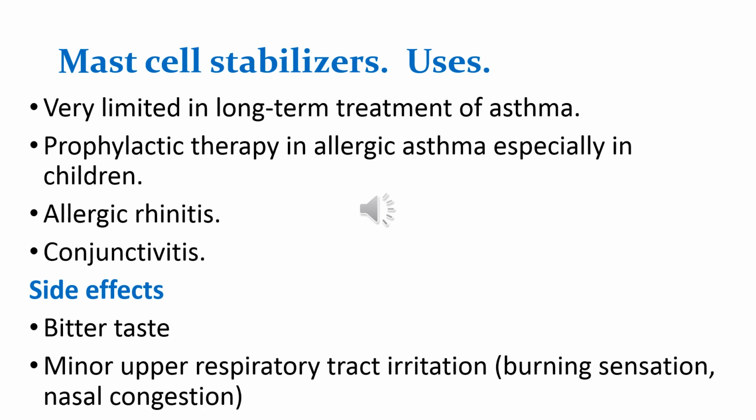Mast cell stabilizers uses: this class is very limited in long-term treatment of asthma. This class of drugs is used to treat allergic rhinitis, conjunctivitis, and prophylactic therapy in allergic asthma, especially in children. Side effects: bitter taste, minor upper respiratory tract irritation.